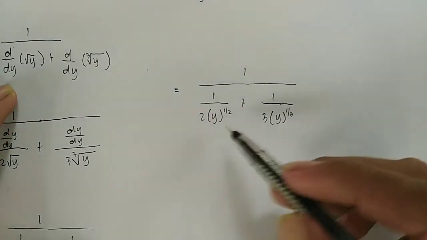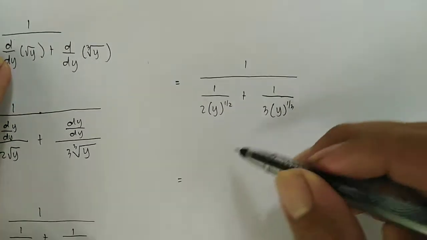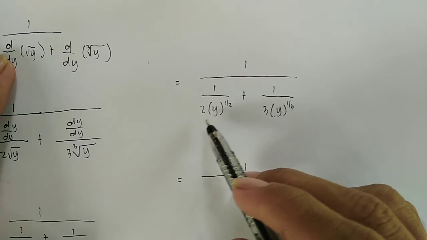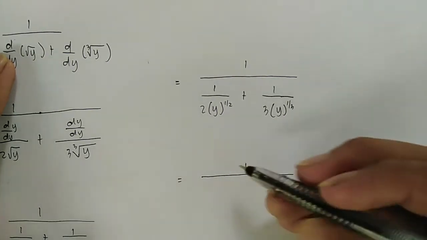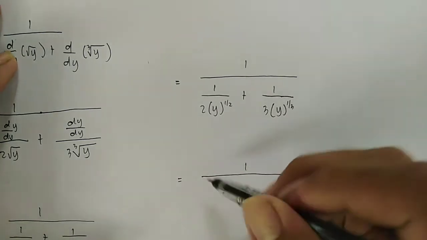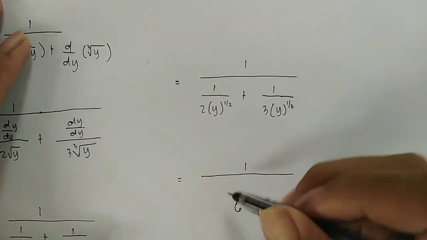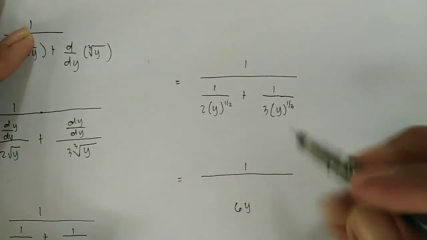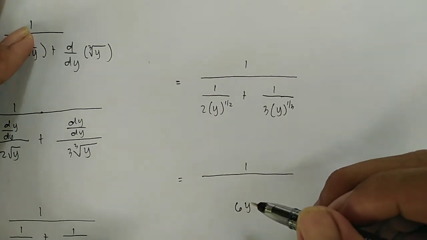So para ma-simplify yung denominator dito, kailangan natin kunin yung least common denominator. So 1 over yung least common denominator between 2 times the quantity of 1/2 at saka dito ay magiging 6y. Pag combine mo lang yung 1/2 tsaka 1/3, magiging 5 over 6 yung denominator.